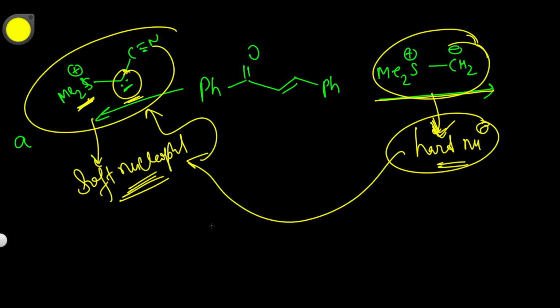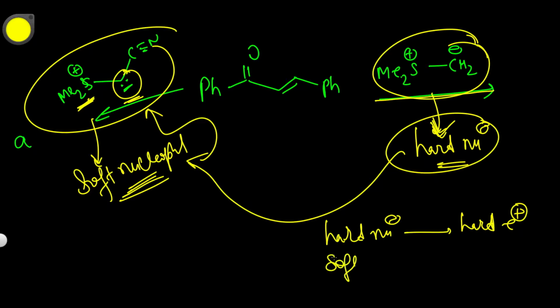As you all know, the hard nucleophile will attack on the hard electrophile, and the soft nucleophile will attack on the soft electrophile. Hard will attack on hard, soft will attack on soft. This is the basic concept.